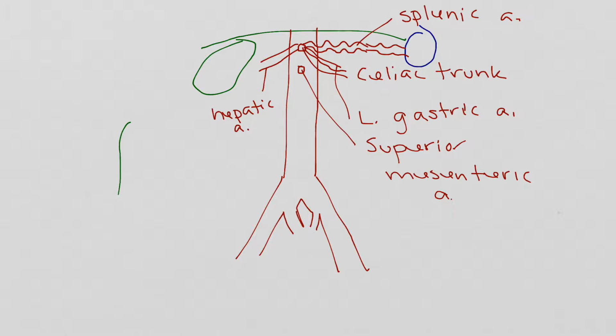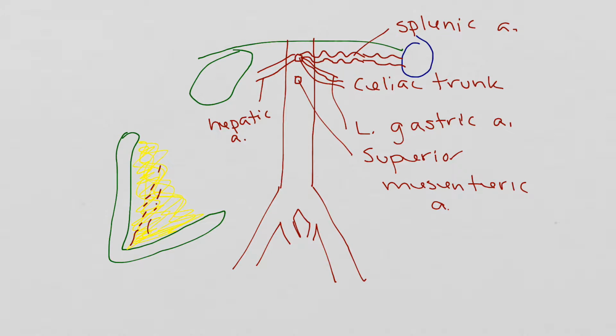So if here's our intestine with its little loopiness, we would have this yellow fatty tissue hanging out, connecting this together. Well, we find the superior mesenteric artery traveling within the mesentery to get out to the walls of the intestines. So that's why it has mesenteric in its name, because it's traveling within the mesentery.